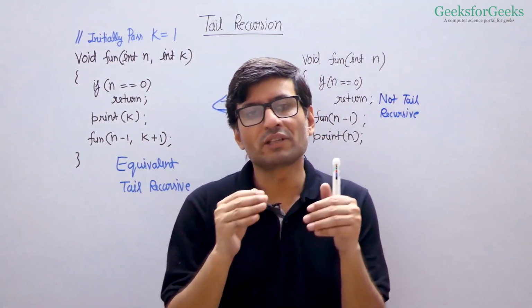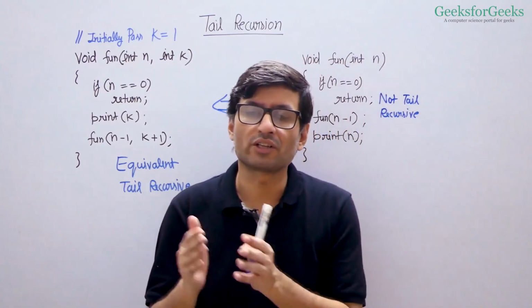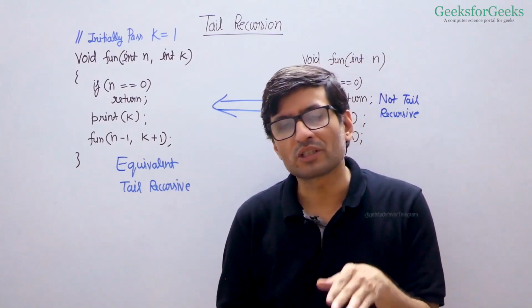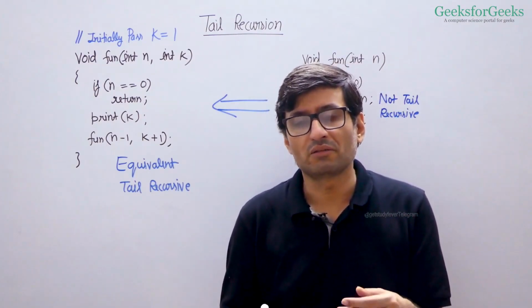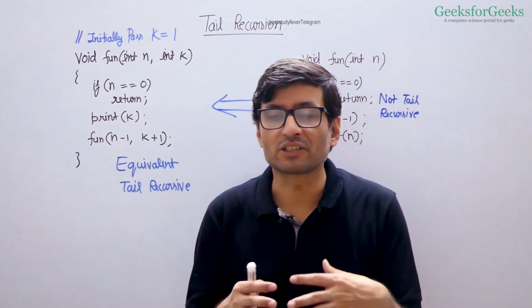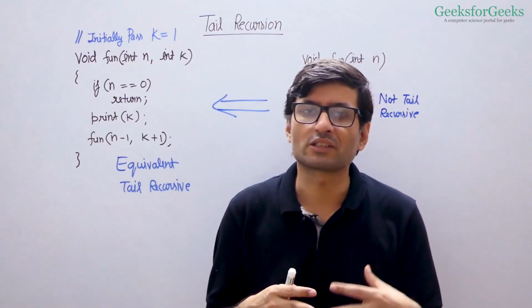Then you recursively call quick sort for the left of partition and then quick sort for the right of partition. So the last recursive call in quick sort is tail recursive. And apart from other reasons like cache friendliness and other things, tail recursion is also a reason why quick sort is faster than merge sort.